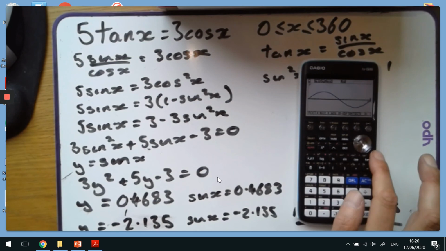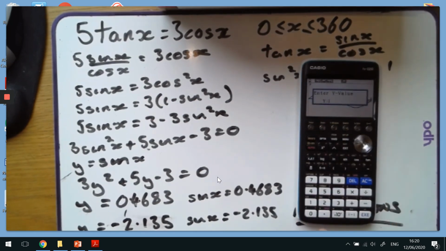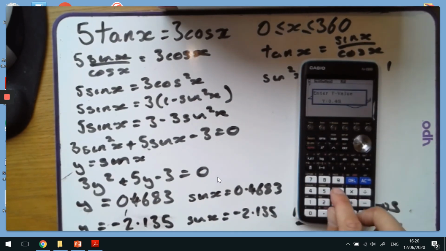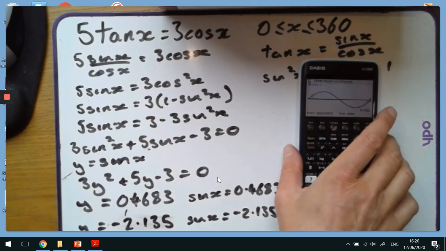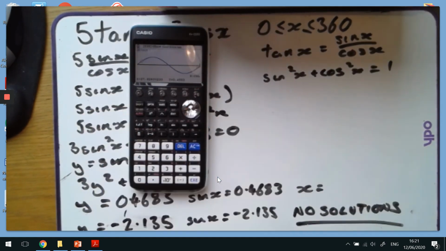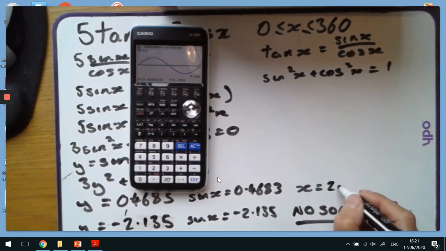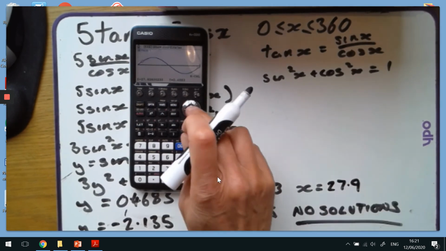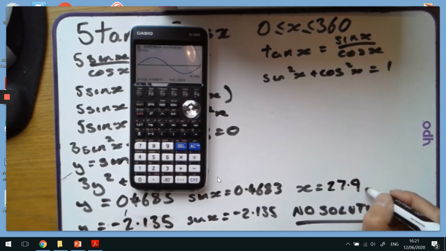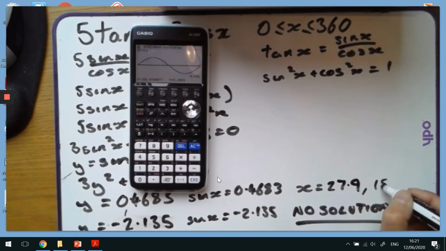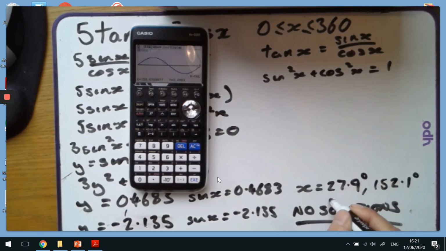So my G-solve, let's count. So I've got x is 27.9 across and 152.1 degrees to 1 decimal place. So 2 solutions to that one.